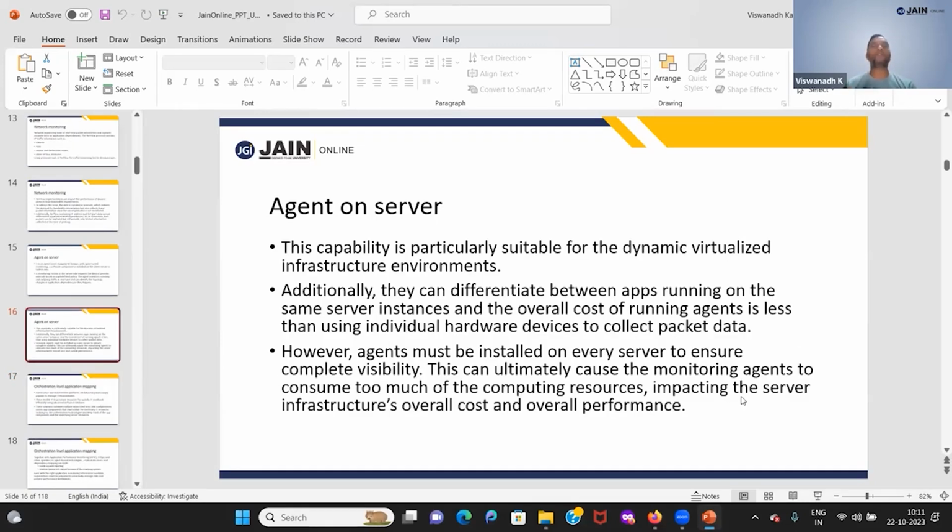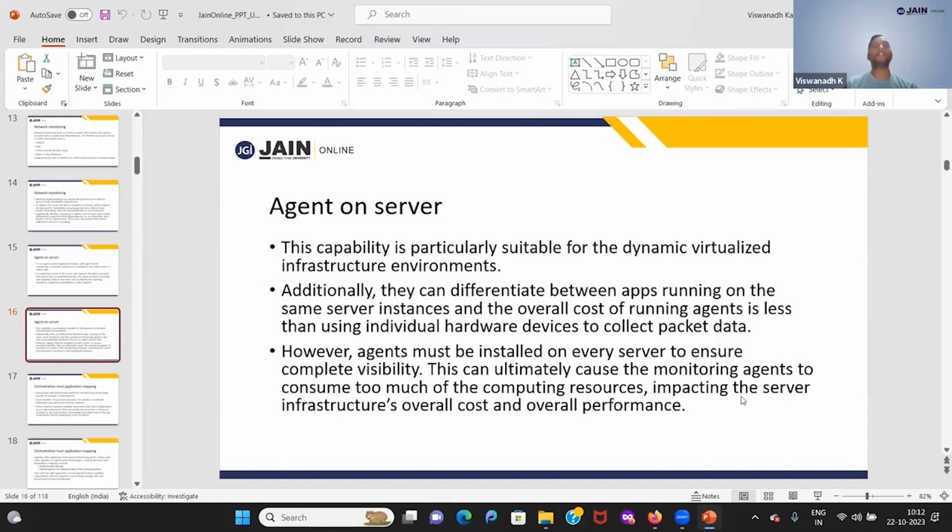This capability is particularly suitable for dynamic virtualized infrastructure environments, wherein a lot of virtual machines are switched on and off, and their states keep changing with respect to topology and time. Additionally, agents can differentiate between the apps running on the same server instances, and the overall cost of running an agent is less than using individual hardware devices to collect the packet data.